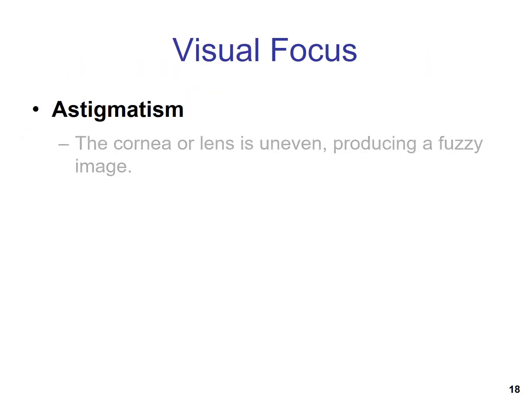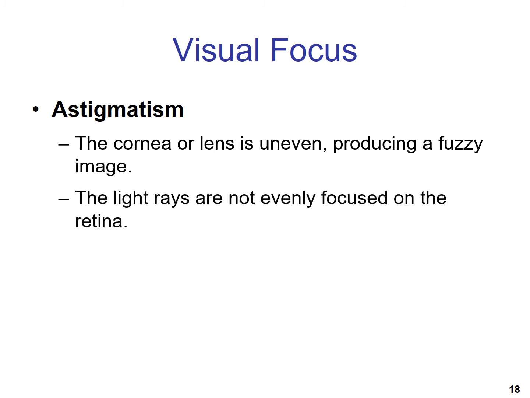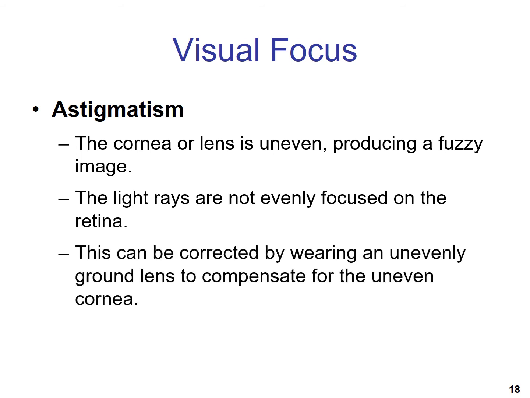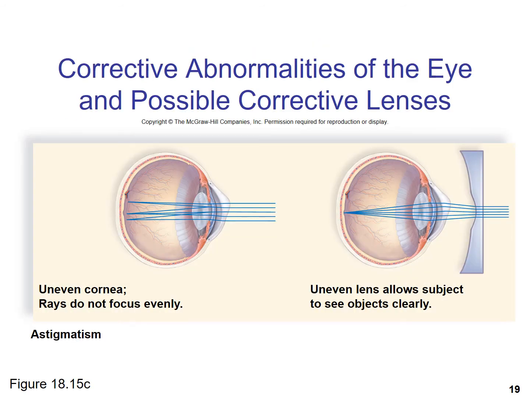Astigmatism is when the cornea or lens is uneven, and this produces a fuzzy image. In this case, the light rays are not evenly focused on the retina, and you can wear a lens that's unevenly ground. So the lens has sort of matching defects to the cornea or the lens, and this compensates for the uneven cornea.